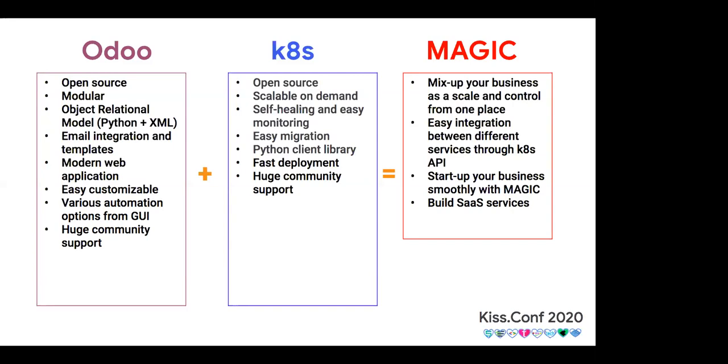Also, what magic you can come up with: you can mix up your business, as we told, and control it from only one place. You can integrate your services through the Kubernetes API. We already told about that. And when you start up your business, it will give you a lot of money saving with development, with time.